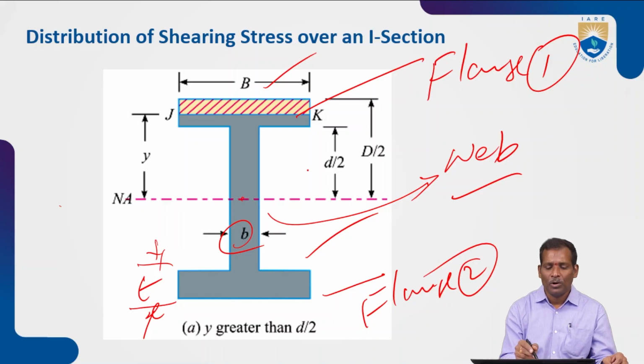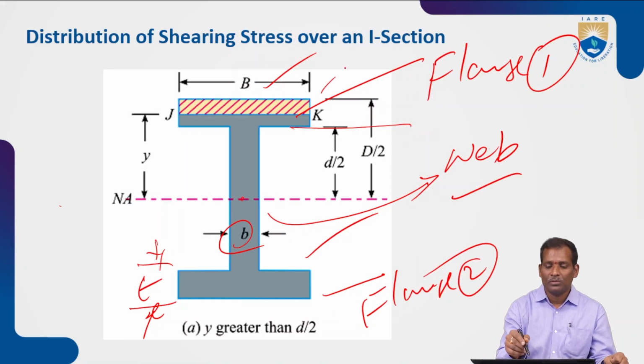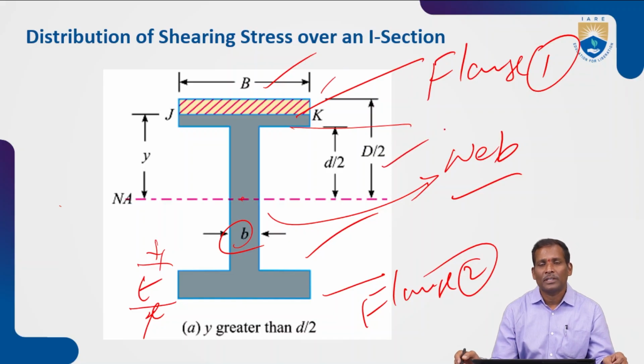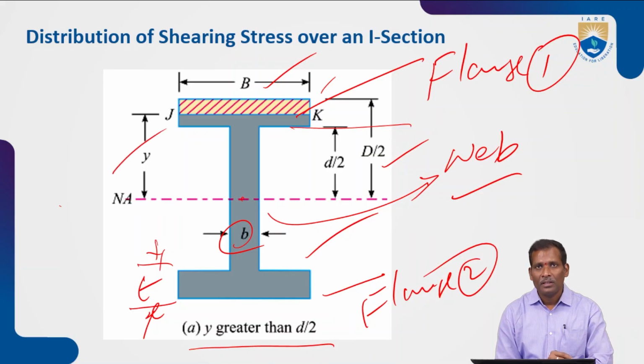The bottom portion below the neutral axis is d by 2, and from the neutral axis to the top portion is also d by 2, capital D by 2. So here conditions are there: if y is greater than d by 2, what will happen? In this case the y value is greater than d by 2.